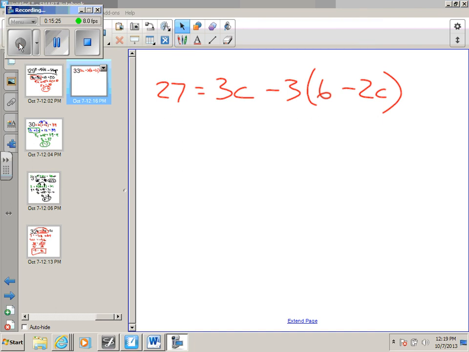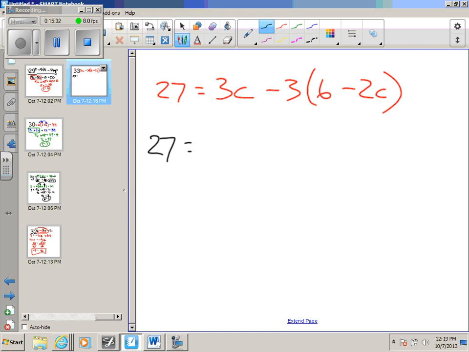Chances are, if anything went wrong with this, I can tell you exactly where it went wrong. 3C is fine where it is now. What kind of a 3 is this on the outside of your parentheses? It's a negative 3. So anytime you multiply it to anything on the inside, you're multiplying it by a negative 3. So a negative 3 times what kind of a 6 gives you a what?